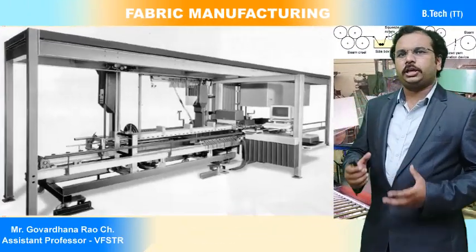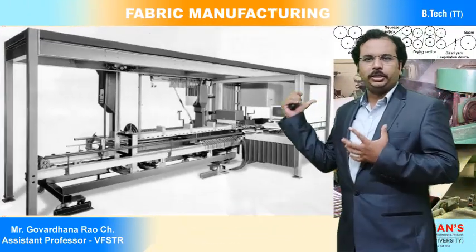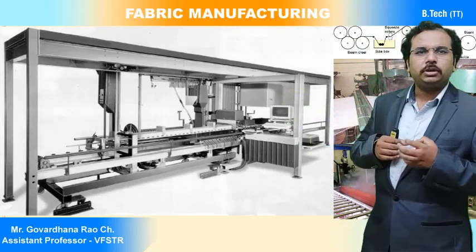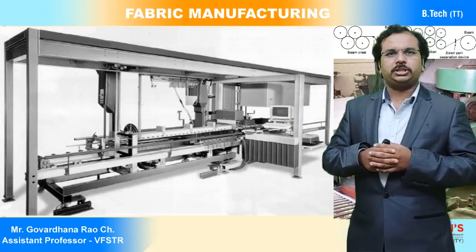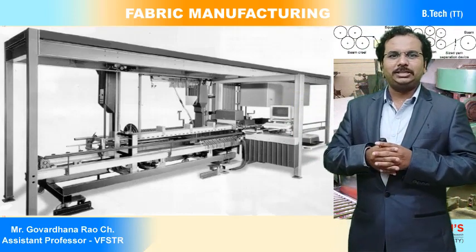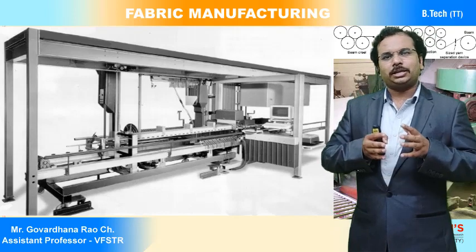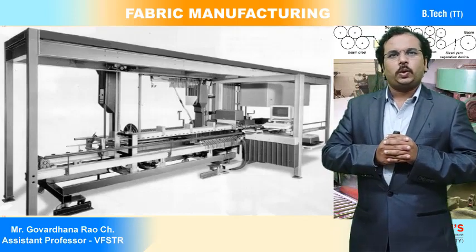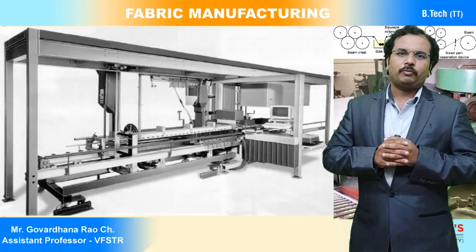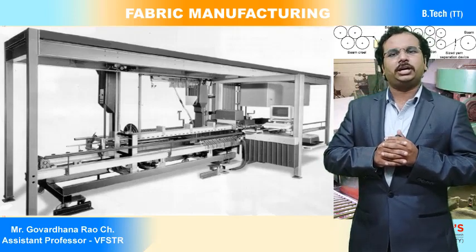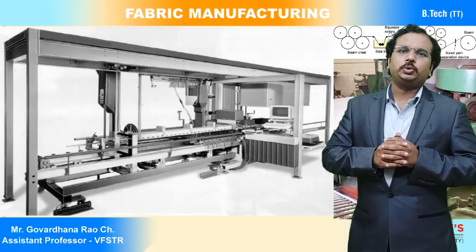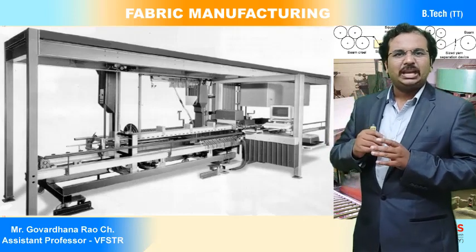Now you can see here the complete picture of the automatic drawing in machine, which is generally a sophisticated machine. You can feed the warp beam and the heel wires into the machine.